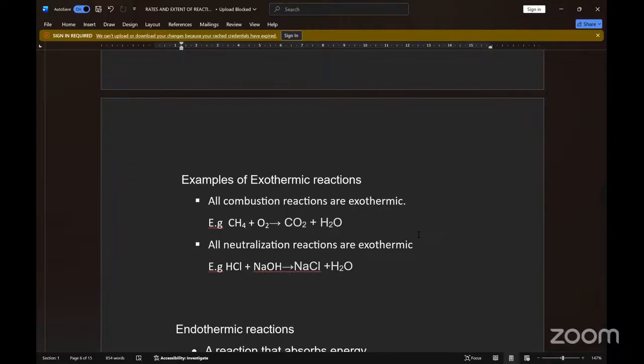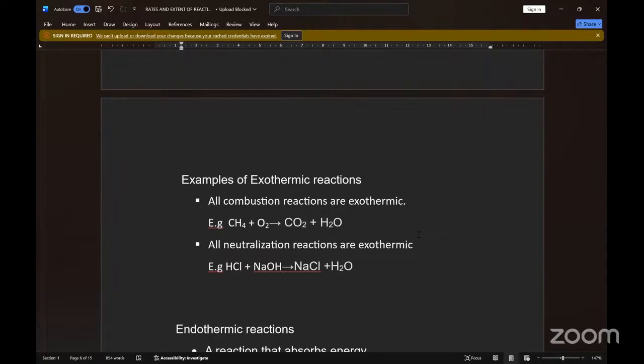Now, I've seen some multiple choice questions. I was teaching a learner last year, and we were going through multiple choice questions. Usually, I don't do that, but it was a one-on-one session, so we did some. They were expecting learners to know that all combustion reactions are exothermic.